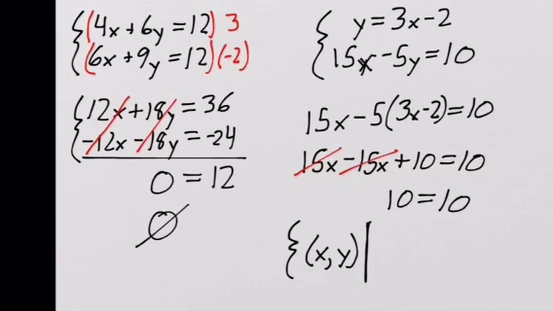Then we're going to put a vertical line saying, which means such that, then just put one of those equations down. y equals 3x minus 2. So that's the situation where we have infinitely many solutions. That's going to be how we recognize that and how we write it.